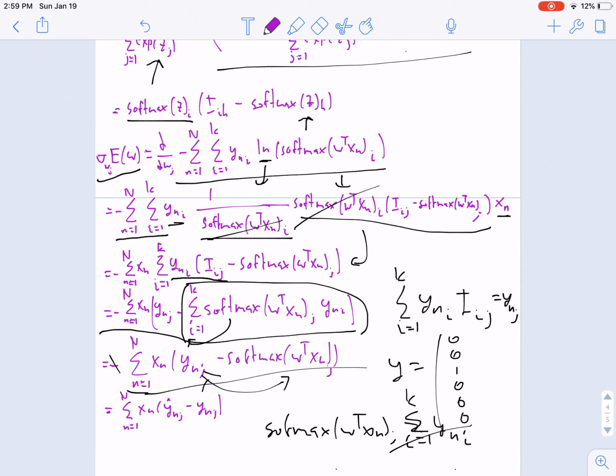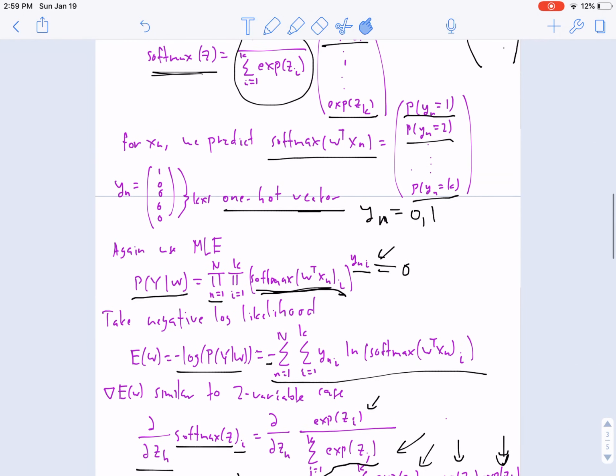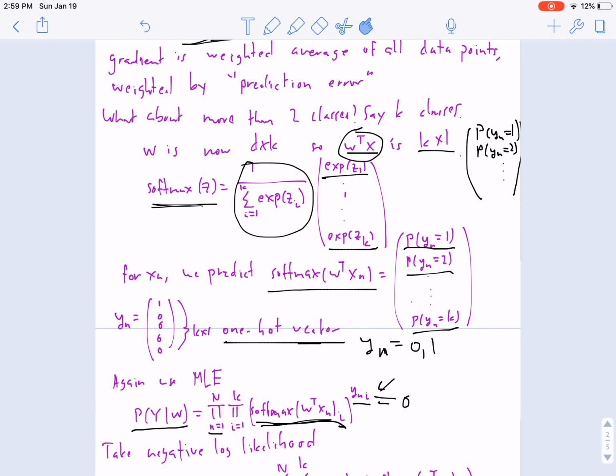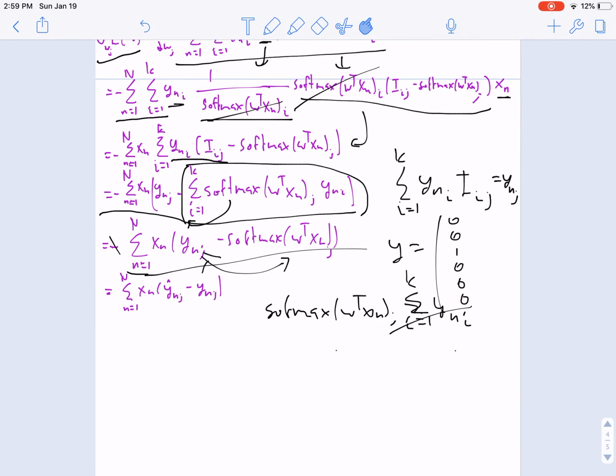Because the way we predict with softmax is we just take the softmax of wtxn right here, and so the jth argument will just give us the probability that yn equals j. So really we're taking, again, we'll use the hat here to represent predicted value. So this is our predicted likelihood of the nth data point being in the jth class minus the actual true one if it is in that class, and 0 otherwise.